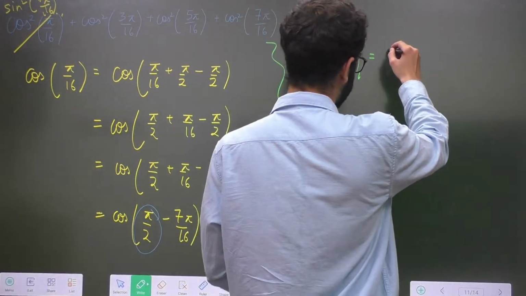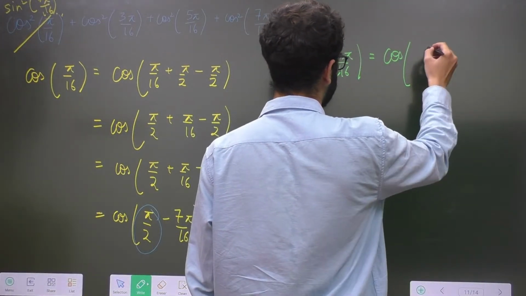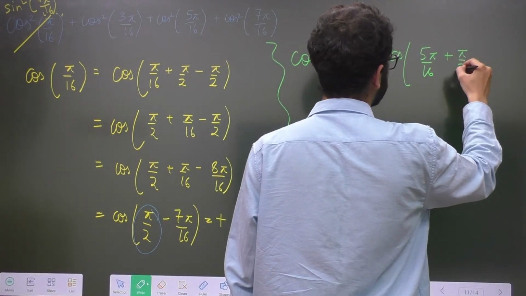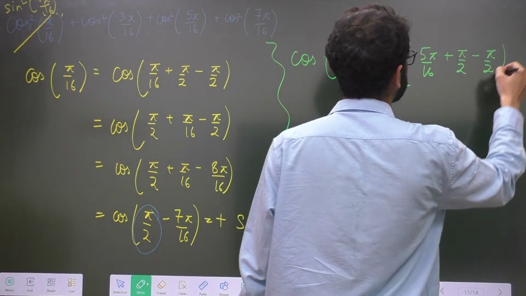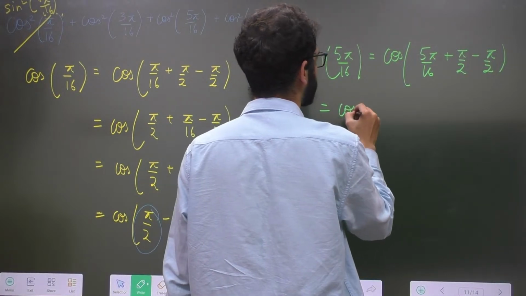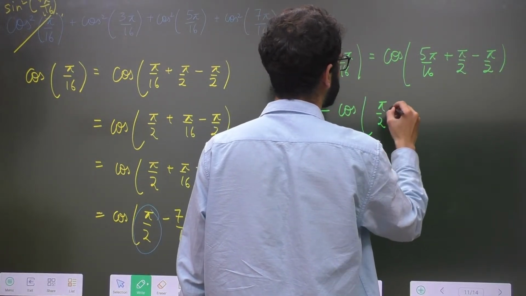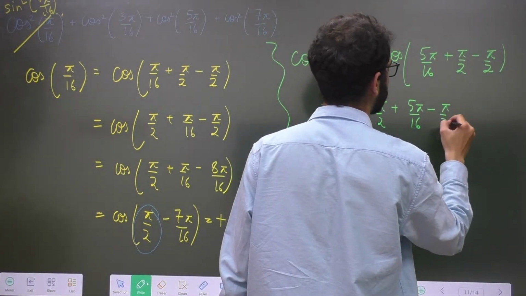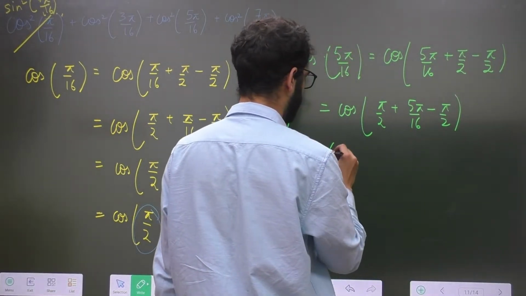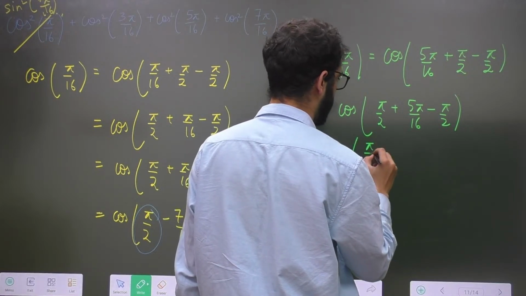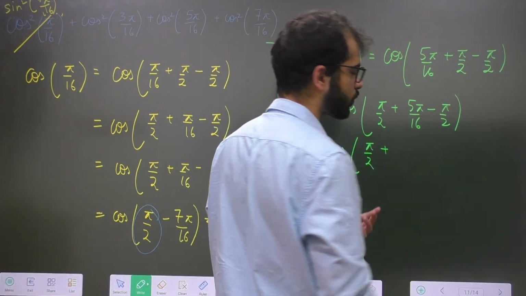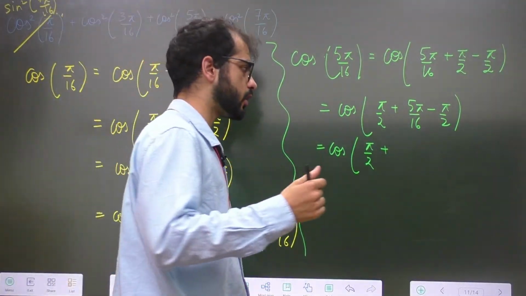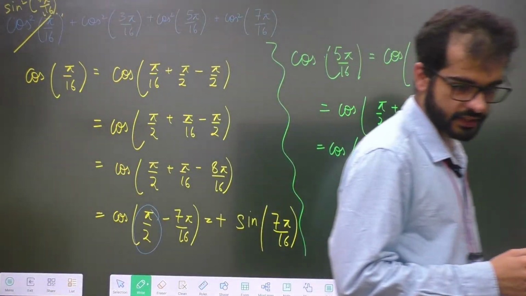So cos 5 pi by 16, if I want to convert into sine, I'll write cos of 5 pi by 16 plus pi by 2 minus pi by 2. So this will be written as cos of pi by 2 plus 5 pi by 16 minus pi by 2. So I'll write cos of pi upon 2. Now again I want to make a common denominator. For those who are comfortable, you can go ahead and solve this question and put the answer in the comments.